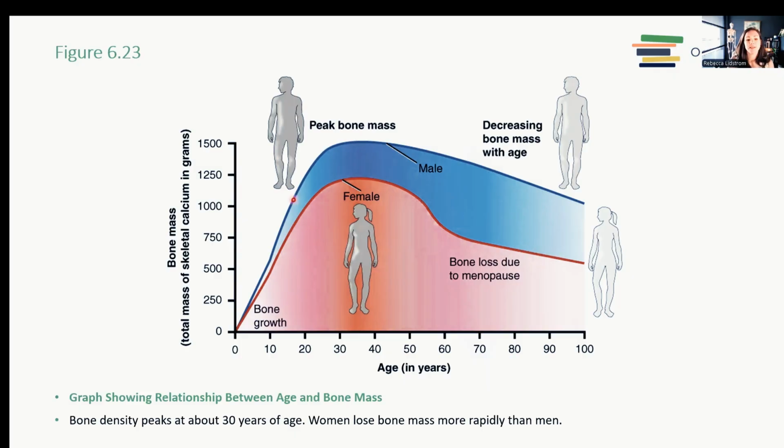So this is kind of the peak. We have bone growth from when we are first born, that peak in our 20s, we have that plateau. And after 40, it is all downhill and we start losing bone density. And we've already talked about how we can help prevent that, and that is going to be with weight-bearing exercises. So it becomes even more important as we age to be exercising.